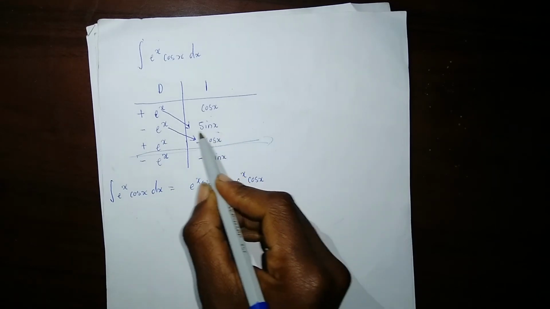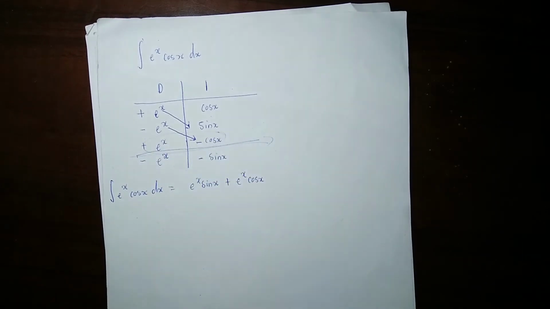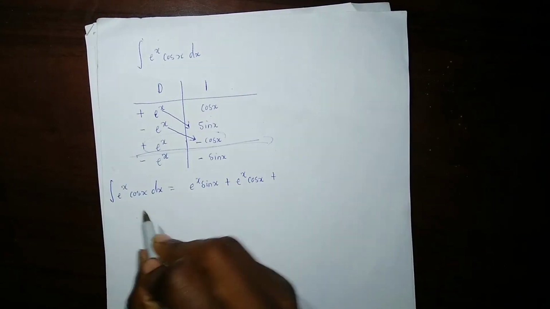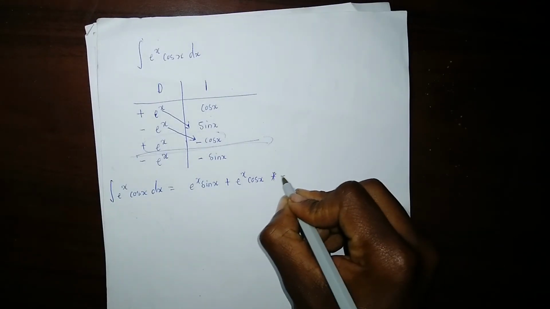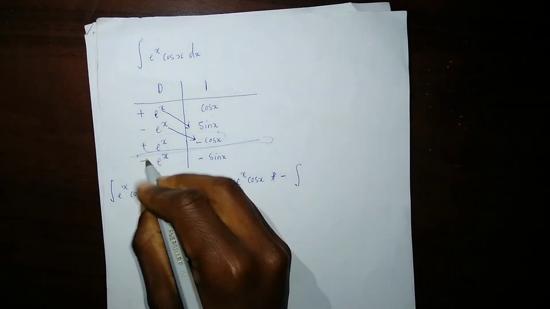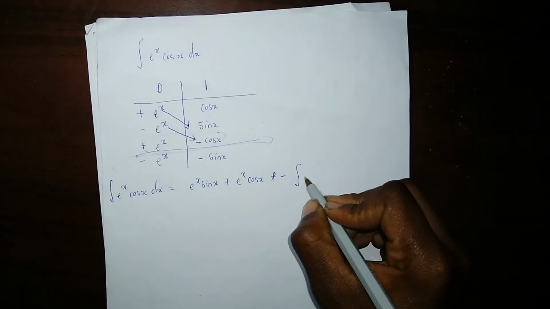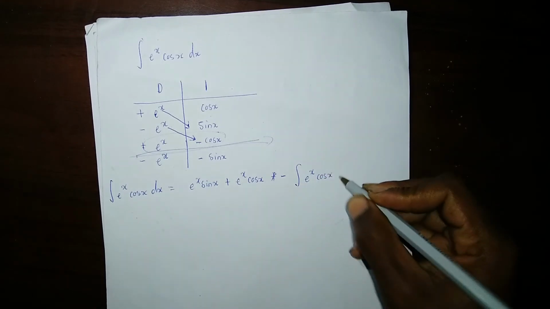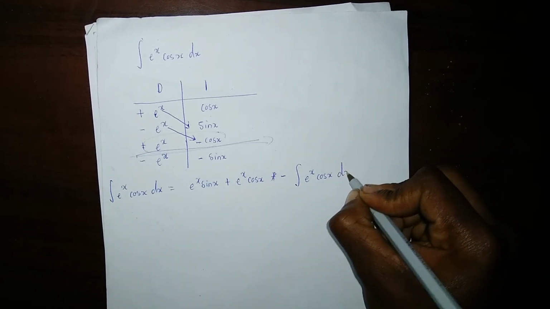Again, we multiply with the integral of the row, right? So it's negative, sorry. So we're going to say negative because it's positive and negative. Negative e to the power x cos x is integration, so plus dx.